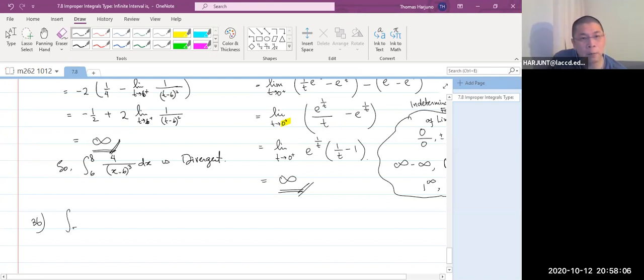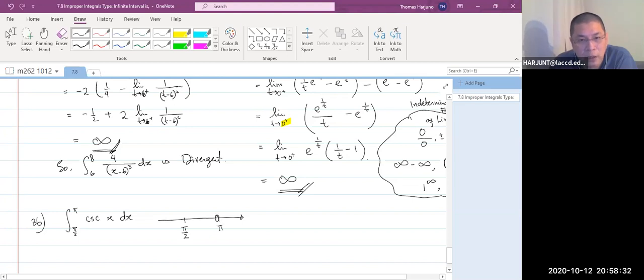The integral from pi over 2 to pi of cosecant x dx. The cosecant is 1 over sine, right? So it is undefined at pi, since sine of pi over 2 is 1 and sine of pi is 0.